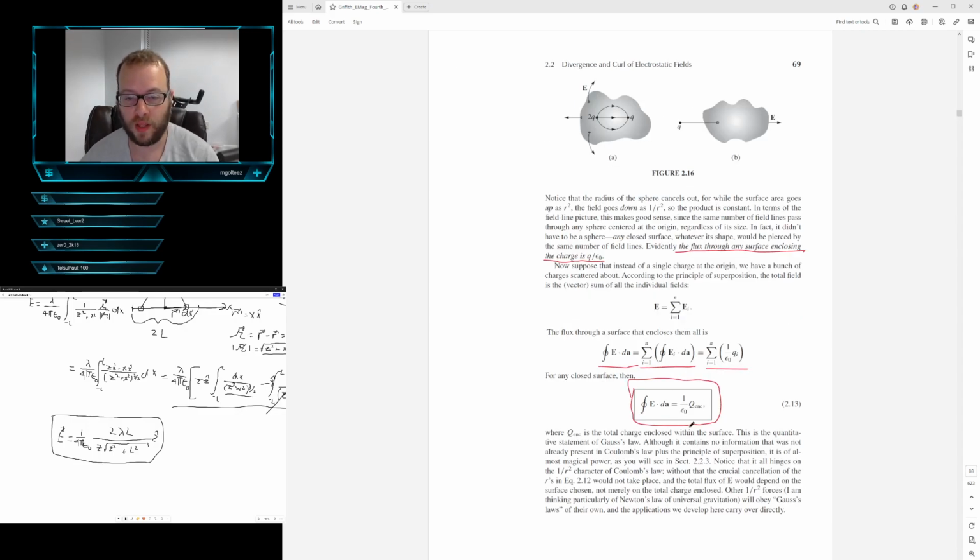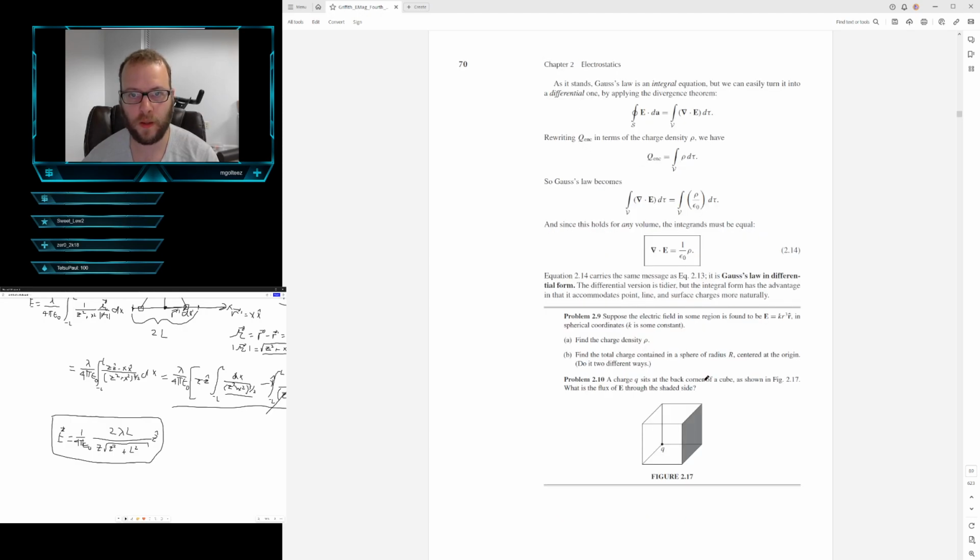Gauss's law is an integral equation. We have the electric flux through a closed surface equal to the total charge enclosed divided by epsilon naught. So we can turn this integral equation into a differential equation by applying the divergence theorem.